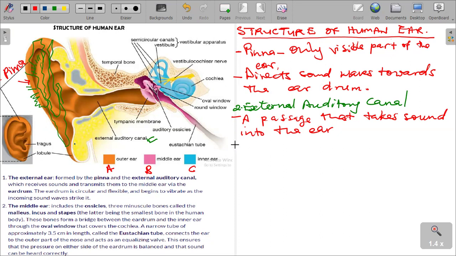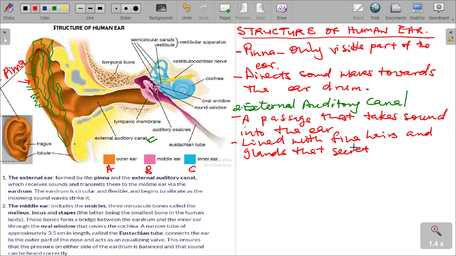The external auditory canal is lined with fine hairs and glands that secrete wax.